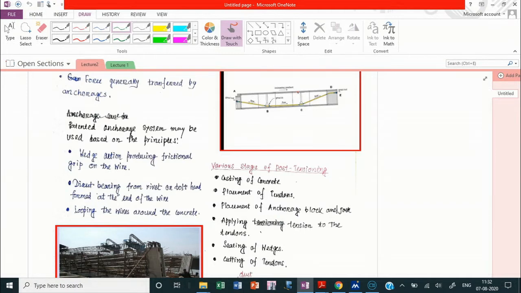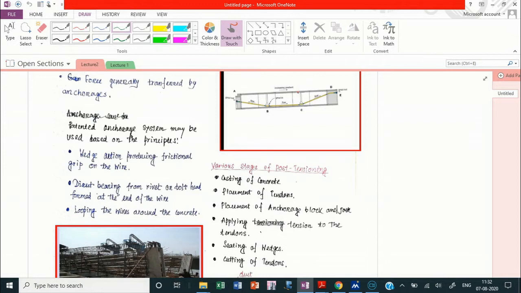But here most of the anchorages are patented devices and also complex in nature. Not all are simple, like a wedge action, but still, depending upon the situation, we could use this type of friction or wedge type of anchorage.